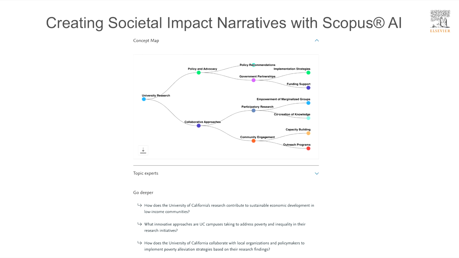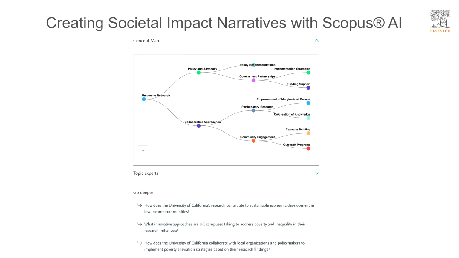Other characteristics that this particular tool will give you is a concept map. As you can see on the map, you can have a particular concept that's present and see how it leads to other concepts and how those lead to additional concepts and the like, as a way to drill down.